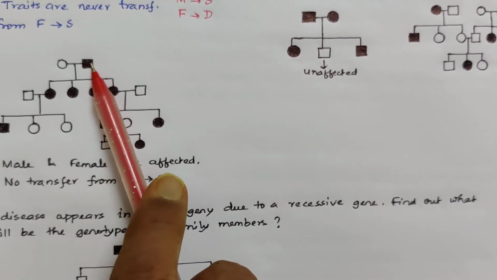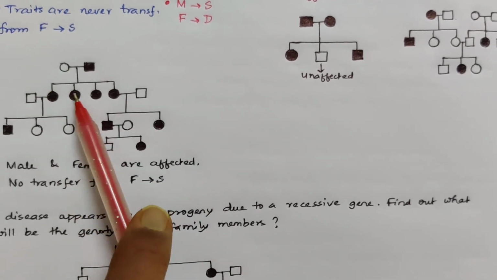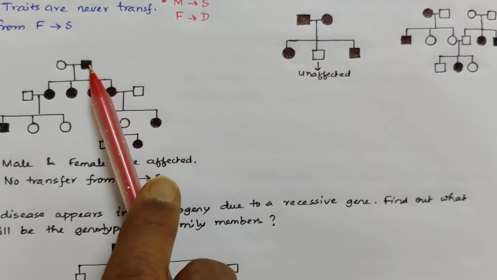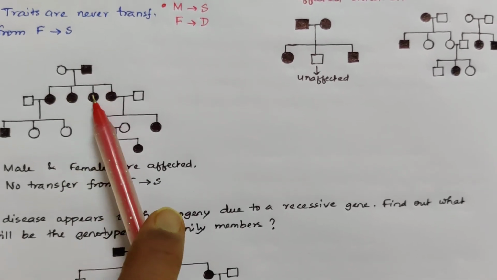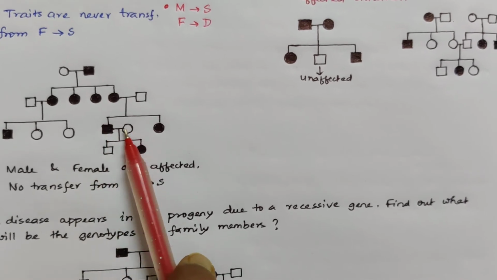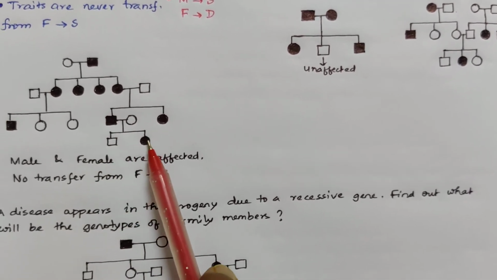Now they are having 4 daughters in the next generation, all affected. So an affected father affects all the daughters. Again you can see in another case, the affected father does not affect the son but affects the daughter.